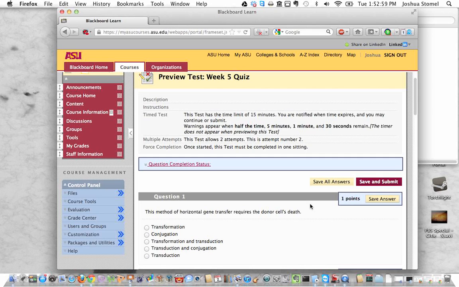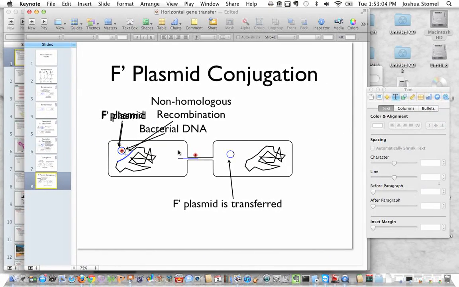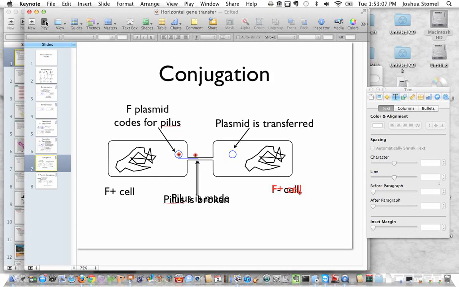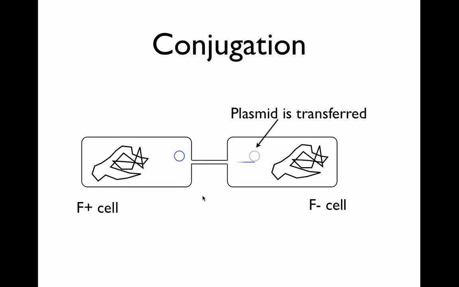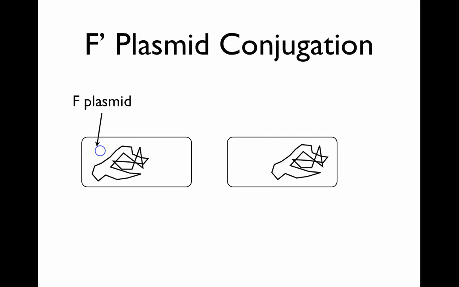And the third is conjugation. And in conjugation, if you'll recall, the cell is going to have a plasmid that codes for a pilus, and that pilus is going to allow for the transfer of the plasmid material from a donor cell to a recipient cell, and then the pilus breaks, and both cells sort of go away all on their own.